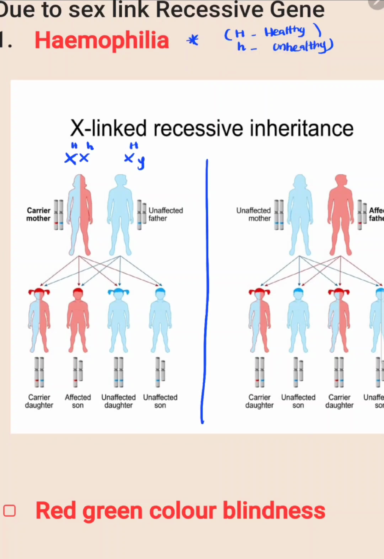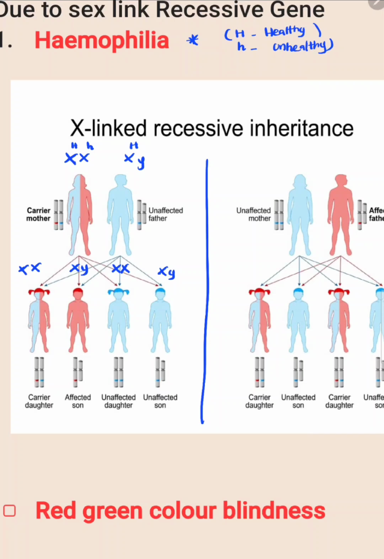Then after crossing these gametes, the first is female, the second is male, XY, the third is also female, and the next is male, right?